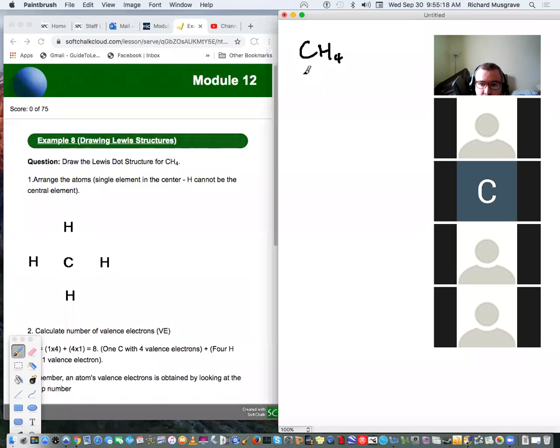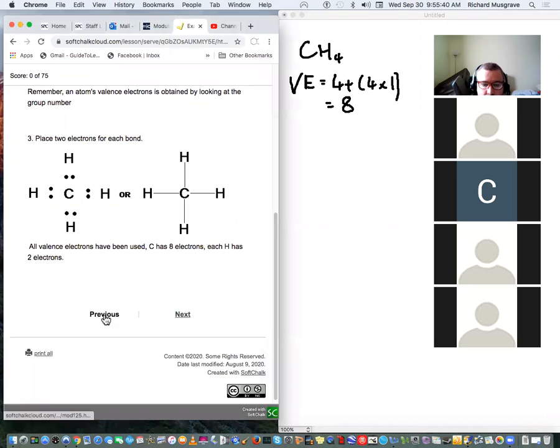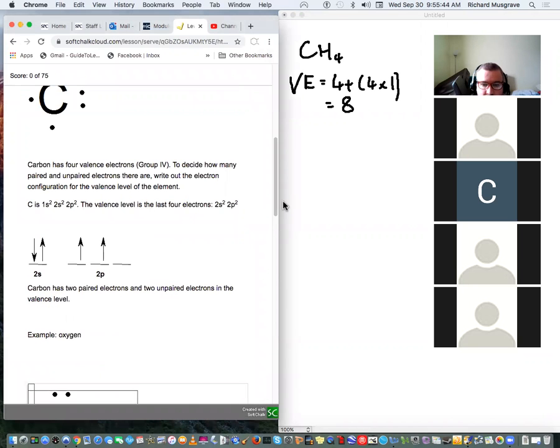So we've got something like CH4. The number of valence electrons we're dealing with is going to be 4 plus 4 times 1, which is 8. Now, how do we get the number of valence electrons? Well, we use the groupings on the periodic table. So let me go back to the very beginning, the first page here.